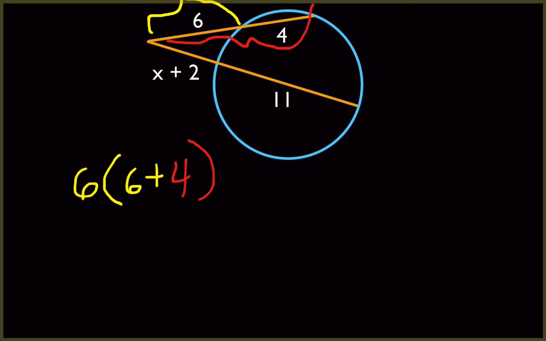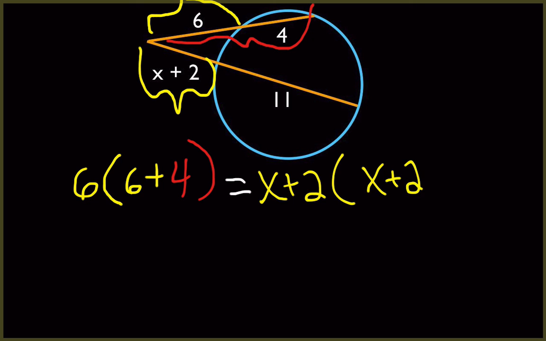That will be equal to, okay, the outside of this one over here, which is x plus 2. And we're going to multiply that by the whole thing, which is x plus 2 plus what's on the inside, which is 11.